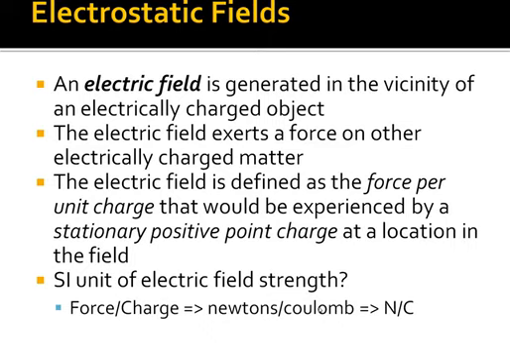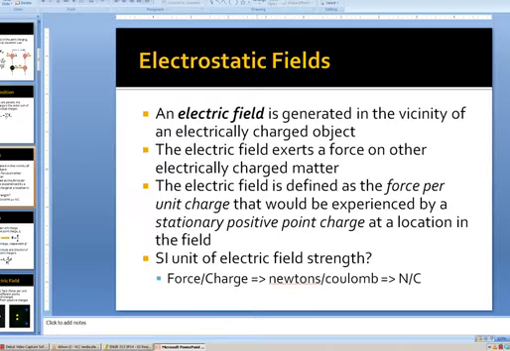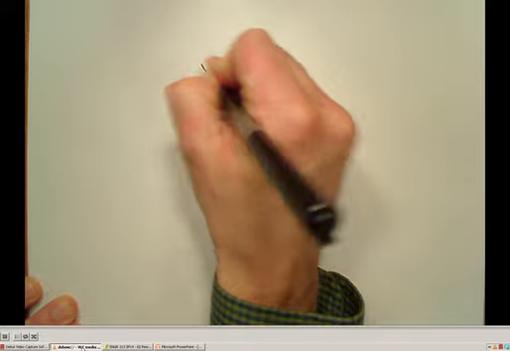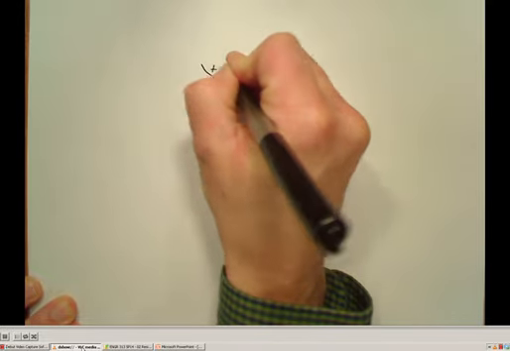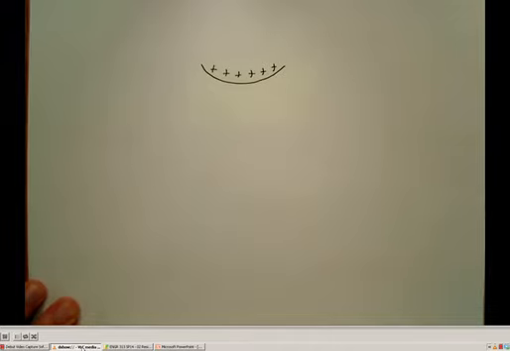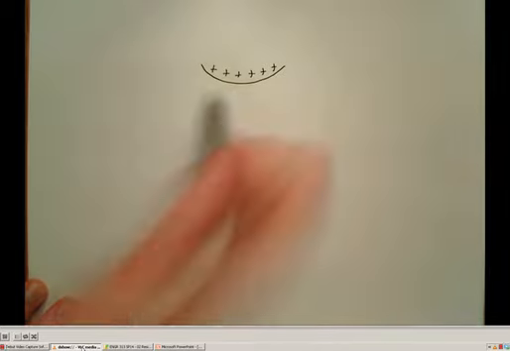All right, a way to visualize that, again, is remember that if we have, say, a positively charged object, we have an absence of electrons, so we get a net accumulation of positive charges.